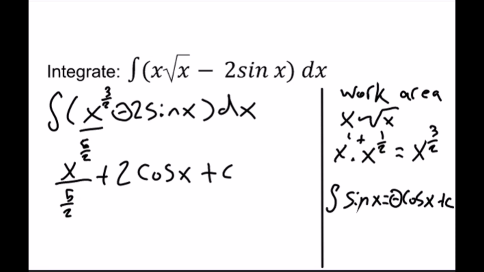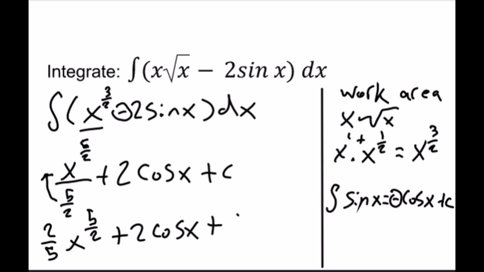Now we can simplify this question. When we have a fraction under a fraction, we need to swap it to the top side by flipping the fraction. So we'll get 2 over 5 x to the power of 5 over 2 plus 2 cosine x plus c. And that will be our final answer.